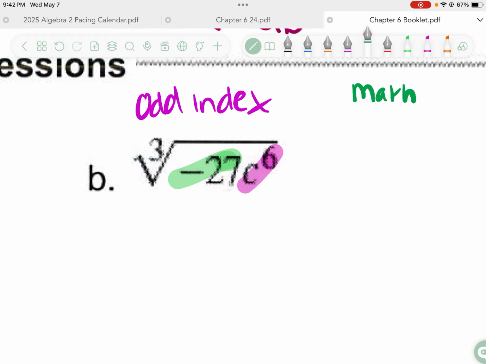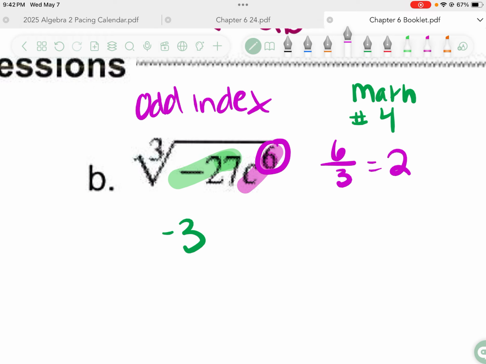All right, you're going to hit math. You could hit number 4 or number 5, really. Can't put variables in the calculator. Cube root of negative 27 is negative 3. And then we would do 6 divided by the index, get 2. So c squared.